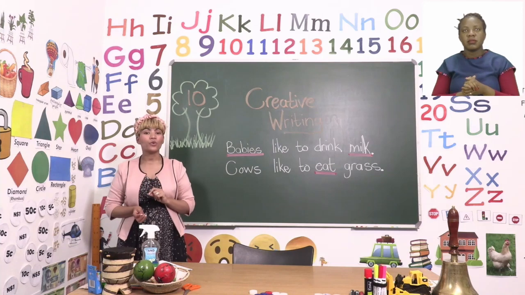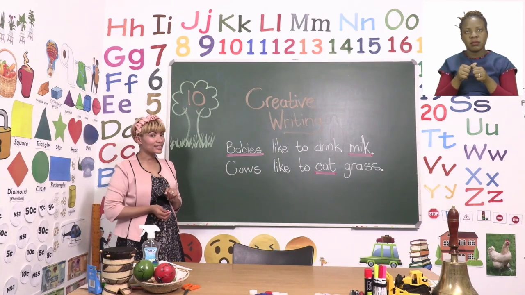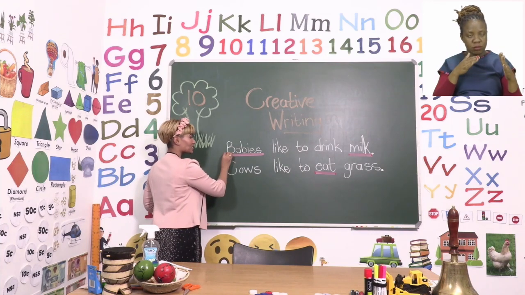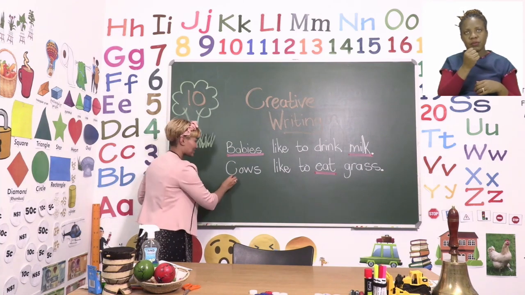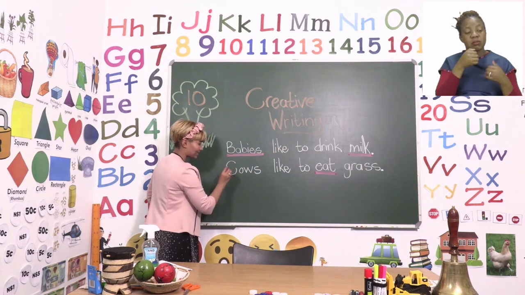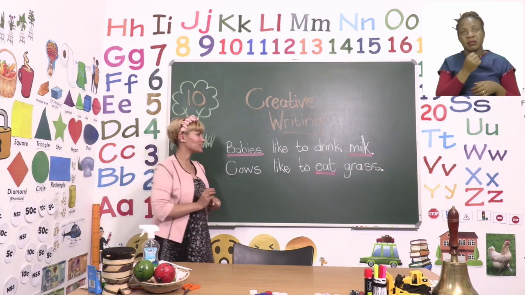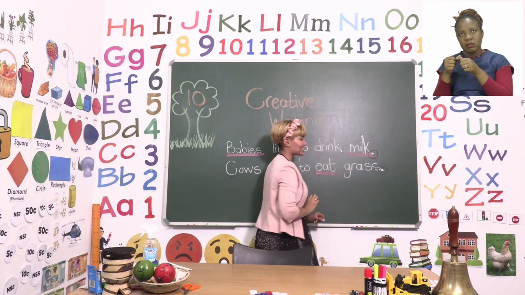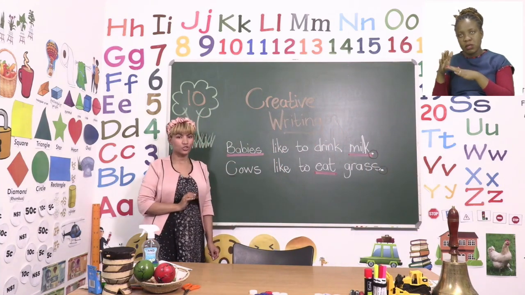Now remember everyone, when we make sentences, you have to start your sentence with a capital letter, and also we need to remember to end our sentences with a full stop.